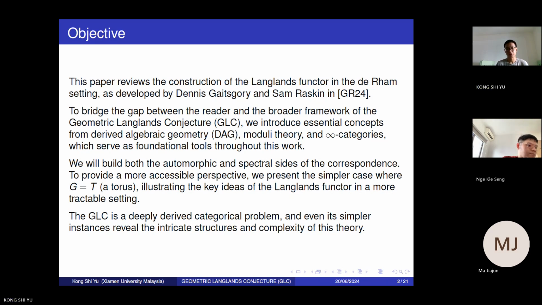Particularly here, I mean derived algebraic geometry, which we will see later, and of course the infinity categories.